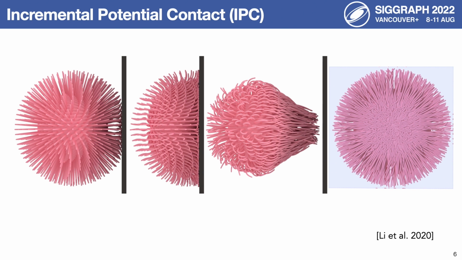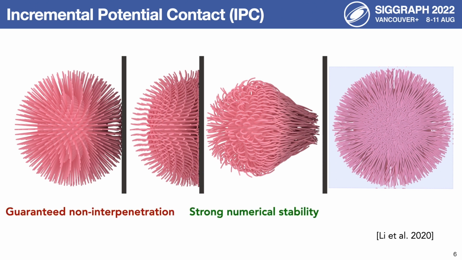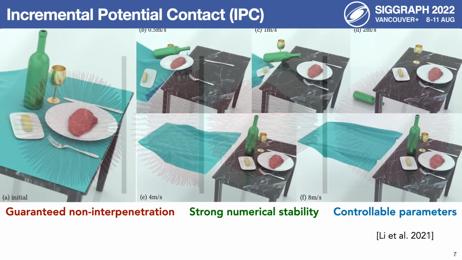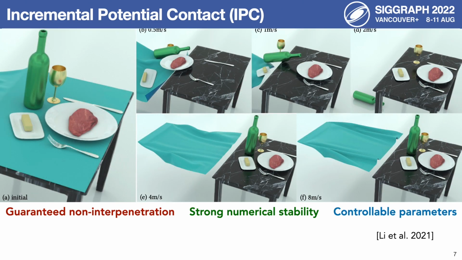IPC ensures accurate resolution of contact and friction with guaranteed non-interpenetration, strong numerical stability, and controllable parameters. Later in 2021, IPC was extended to simulate codimensional objects, including cloths and rods.